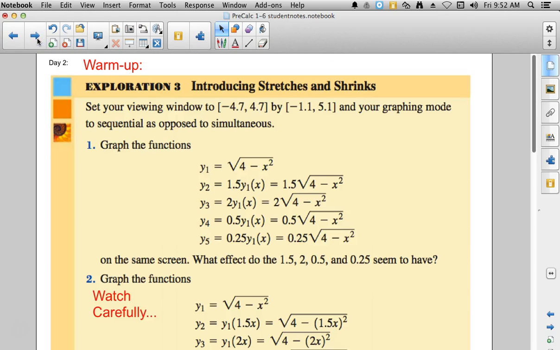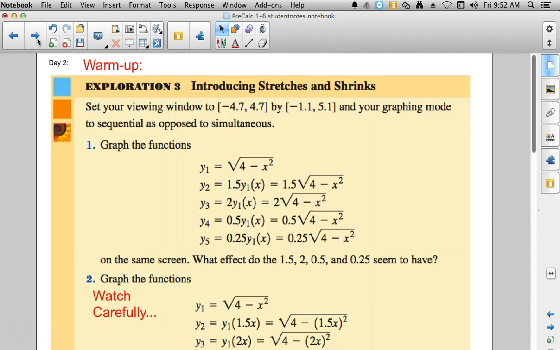So on this page, they have this whole graphing thing, which would be wonderful if we had 3 days for this section, but we don't. So I'm going to give you the short and sweet version. When we graph, and we have numbers that we are multiplying our functions by out in front, those are vertical transformations.